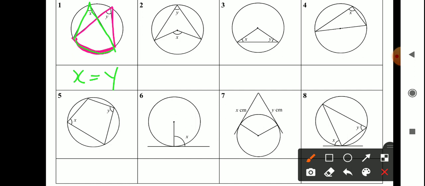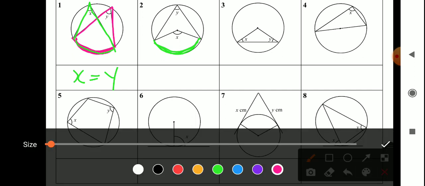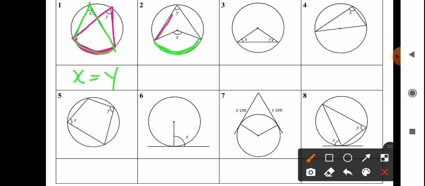The second property, also from the same arc, but one of the angles goes to the circumference, so it goes very far, but the other angle only goes to the center.